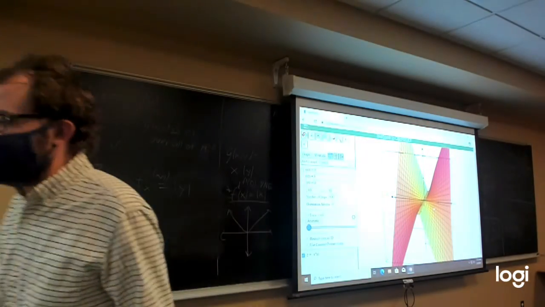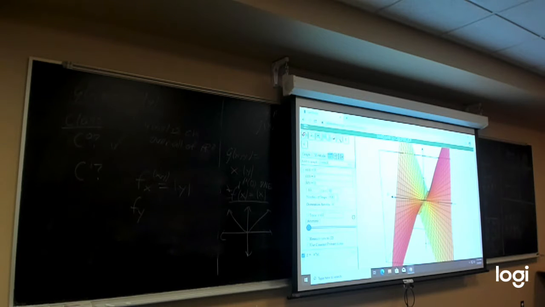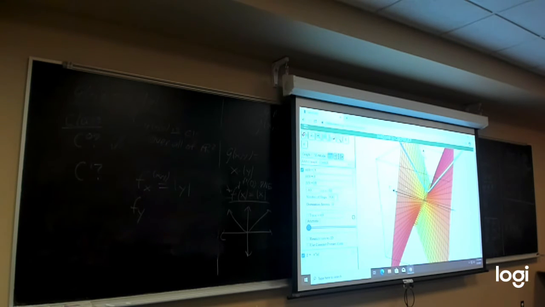But if we were to try and take it along any other direction, let's say we were looking at the point where x is positive 1, y is 0.